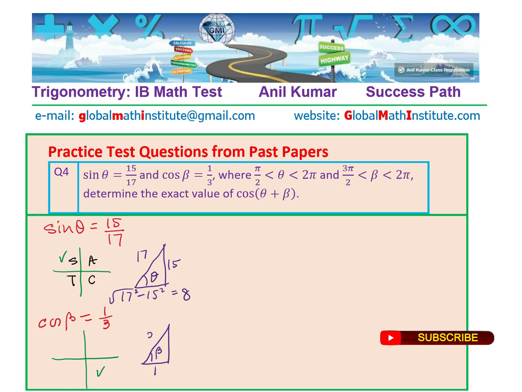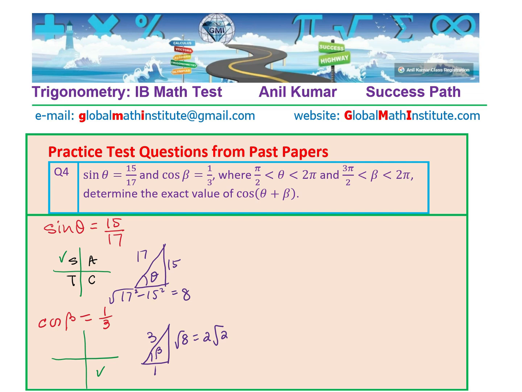The other side will be the square root of 3 squared, which is 9, minus 1, so the square root of 8, which is 2 square root 2, correct? You can use your calculator just to check. 17 squared minus 15 squared is really equal to 64, and the square root is 8. 3 squared is 9 minus 1 is 8, and the square root of 8 is like 4 times 2, which is 2 square root 2. So we have all the values required, right?